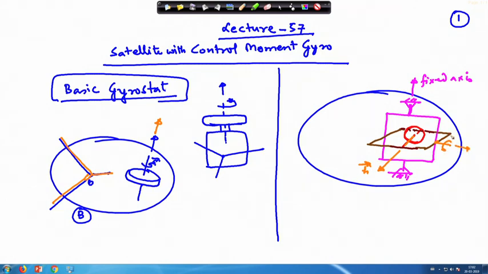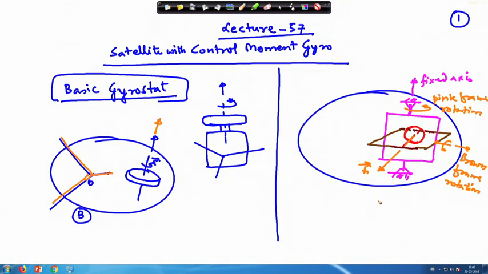The brown frame can rotate here, and in this place the pink frame rotation takes place.